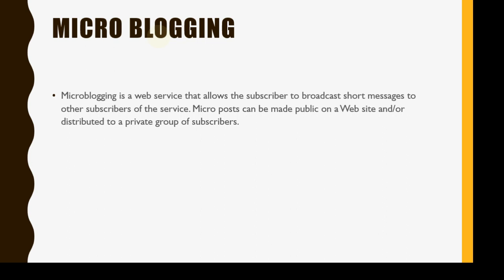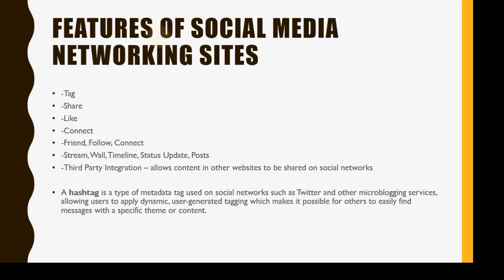This post can be made public or targeted at a group of people. So these features are available in social networks. Apart from this, we also have tagging. We talked about that, the hashtag. We can share posts. We can like, dislike, right?